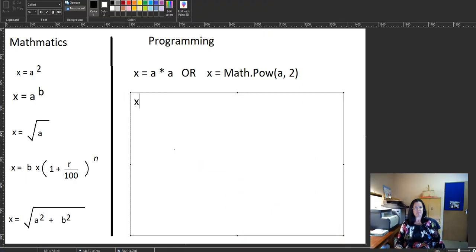So that means in programming I can write this not really as a times a, because I don't know how many times a must be multiplied by itself, but I can very easily specify, call the power method, situate it in the math class, give me the result of a to the power of b.